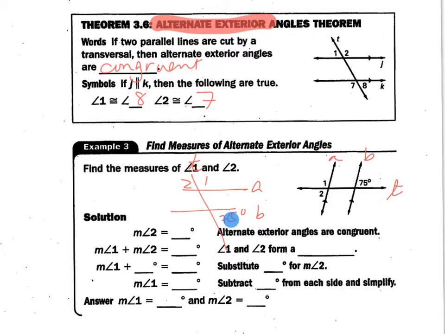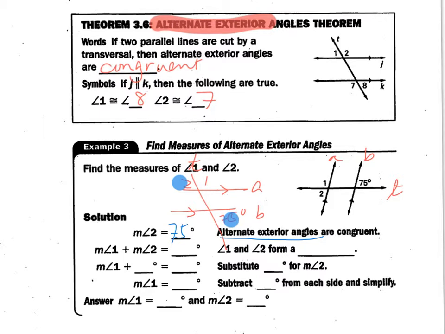And because line A and line B are parallel, I should add these little arrows here. And now I know that alternate exterior angles must be congruent. So I can write that the measure of angle 2 would be 75 degrees, and that's because they're alternate exterior angles.